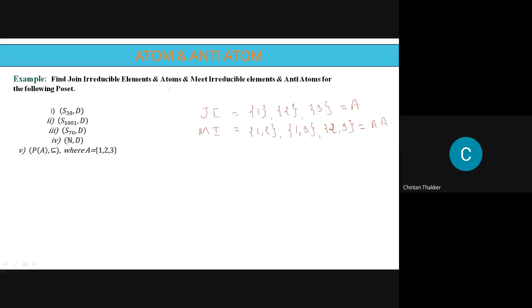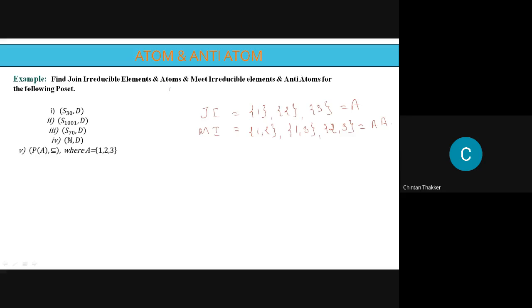Meet irreducible means an element A cannot be expressed as a GLB of two different elements. In a hash diagram, if the line coming from upside is only one at that point, then that element is called meet irreducible.